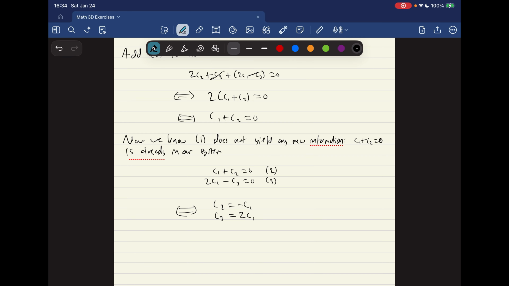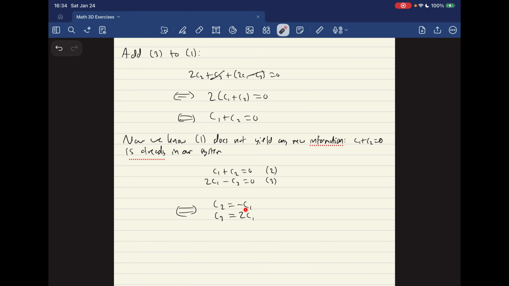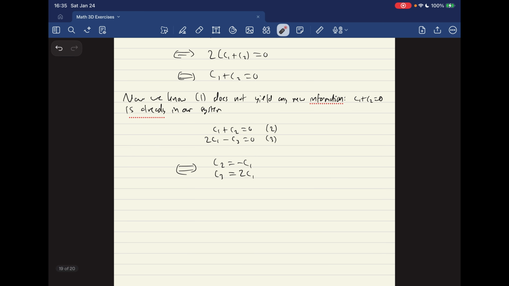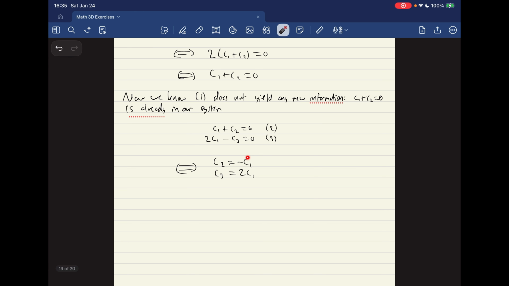So what this tells me is that there's nothing constraining c1. So if I plug in anything for c1, I'm going to get corresponding values for c2 and c3. Therefore, our solution family for this linear system has 1 degree of freedom obtained by controlling c1.